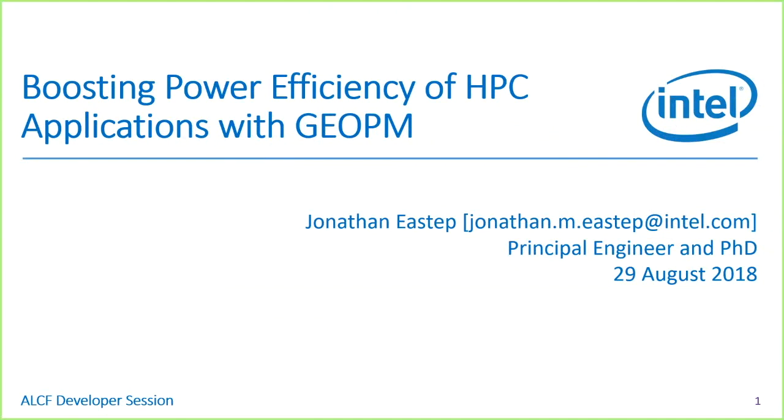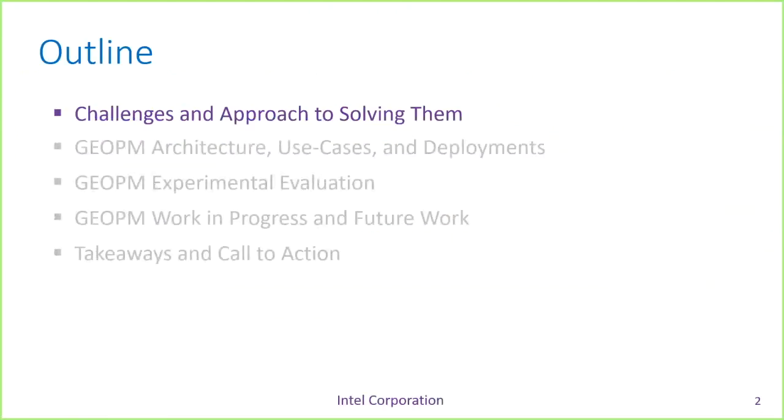So here's the outline for the talk. I'm going to begin by talking about some of the challenges that initially motivated us to develop GEOPM and the approach that we're taking in GEOPM to solve those challenges. And then I'll describe the architecture of GEOPM, some use cases that we imagine GEOPM being used for, some deployments that we're working on for GEOPM this year and next and beyond on production systems, and then I'll share some results from our experimental evaluations of GEOPM to quantify the performance and energy benefits that it can bring.